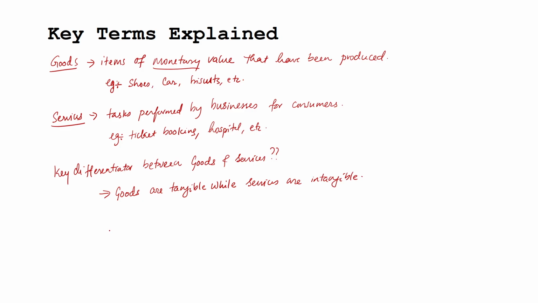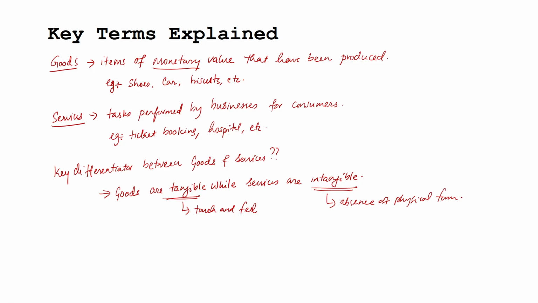Okay. Goods are tangible, which means you can touch and feel, while services are intangible. You cannot touch them, it is the absence of physical form. Okay. So that is the key differentiator.